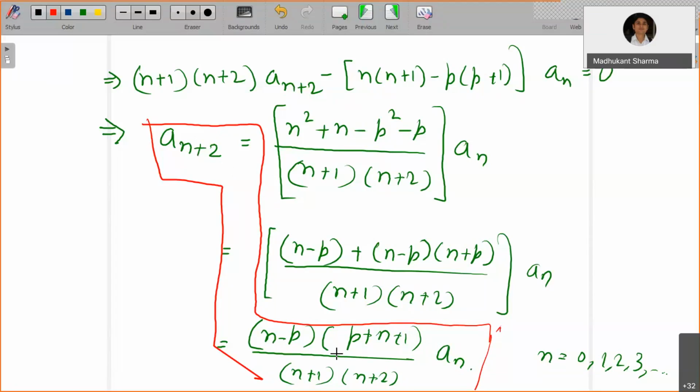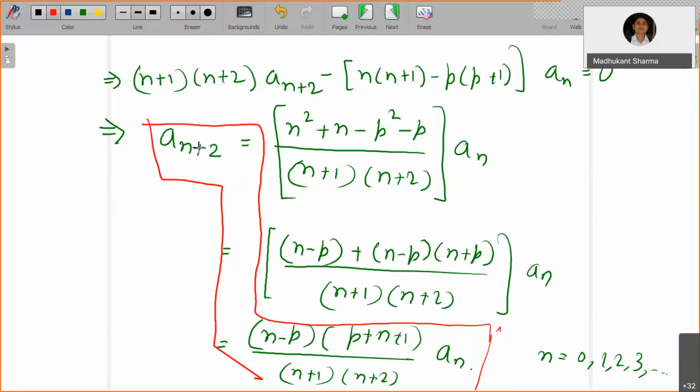Now a4 equals some constant multiple of a2, and a2 you can write as a constant multiple of a0. So a4 will, at the end, come out as a constant multiple of a0. Similarly, a5 is a constant multiple of a1. So even suffixes will come with a constant multiple of a0, and for odd suffixes you will get a constant multiple of a1.